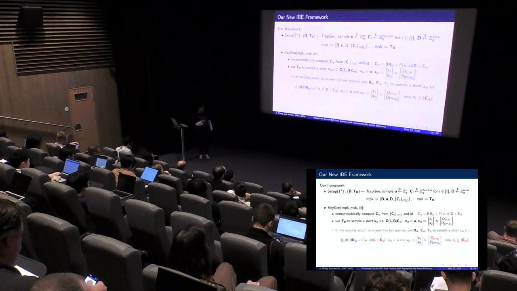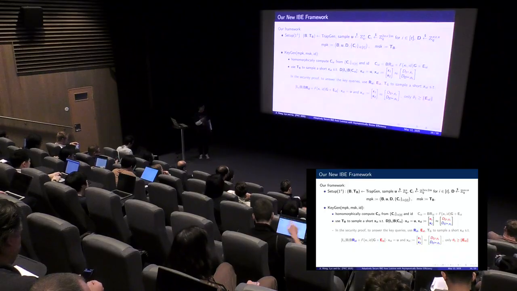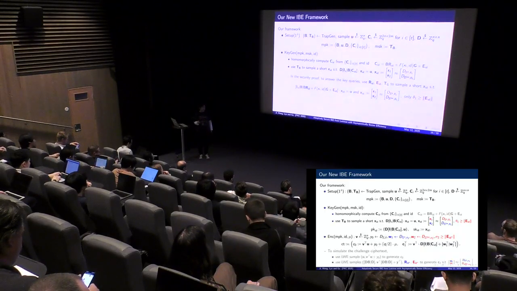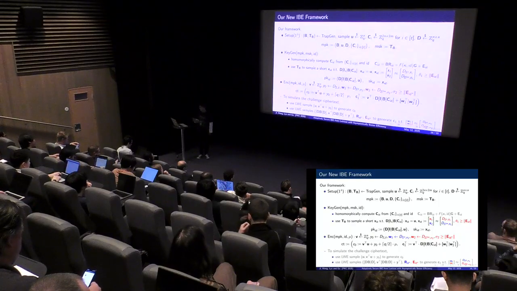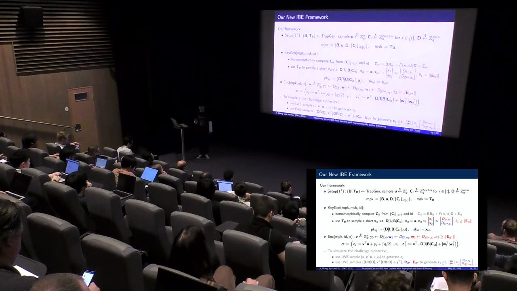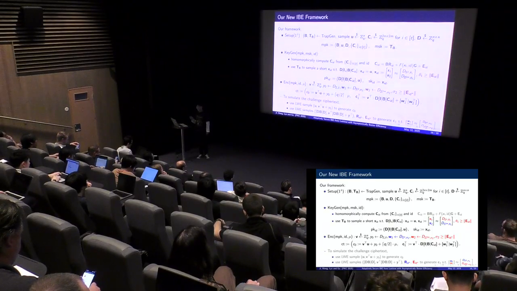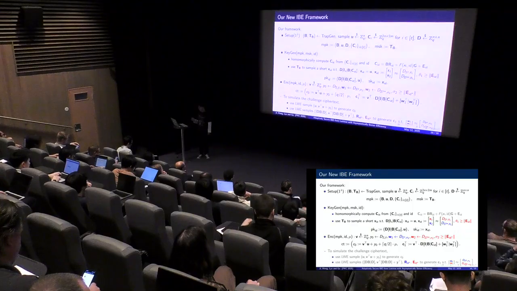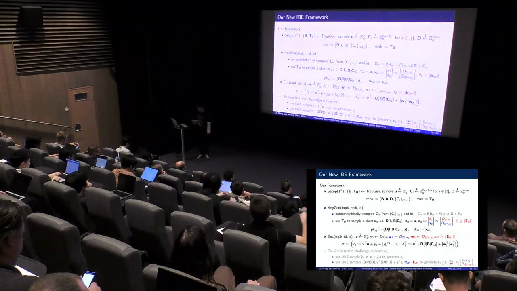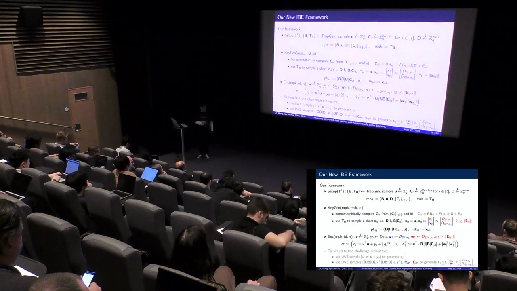And we use the RID and EID to get our hybrid secret key. And similarly, in the encryption algorithm, we set a hybrid error where the W1 is small norm, but W2 is large norm. And we simulate the challenge ciphertext C1 as we said in the last page.